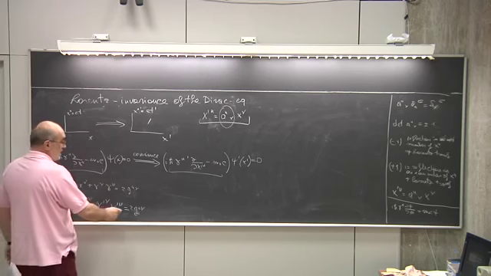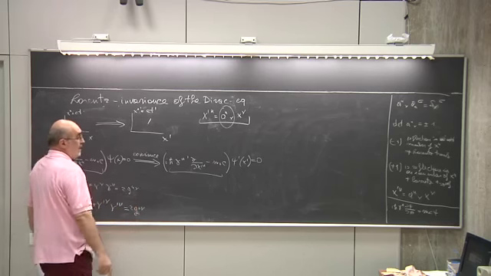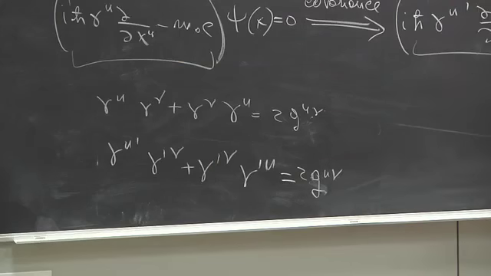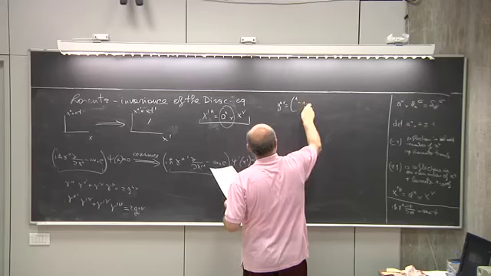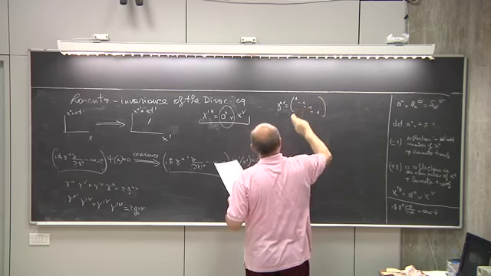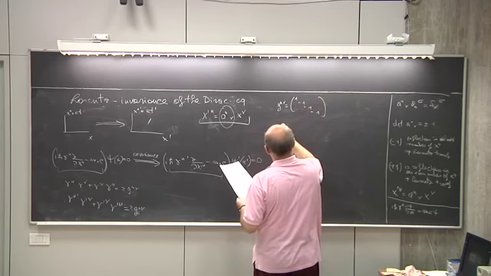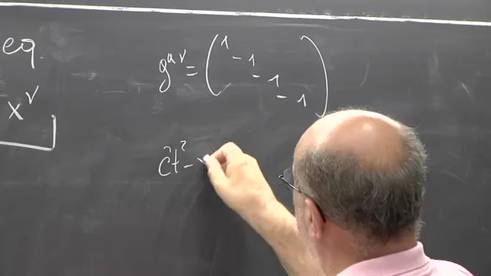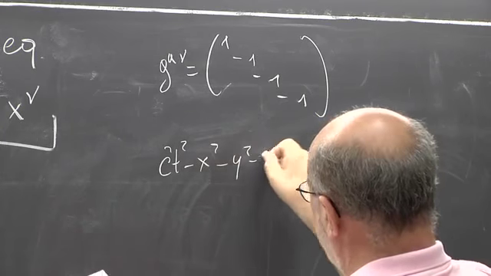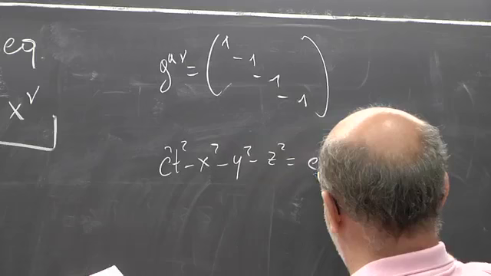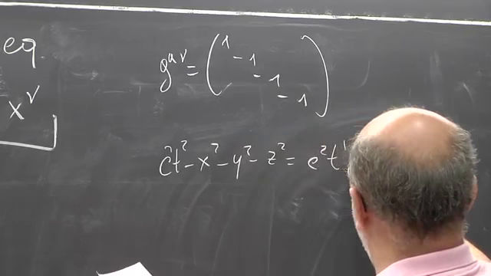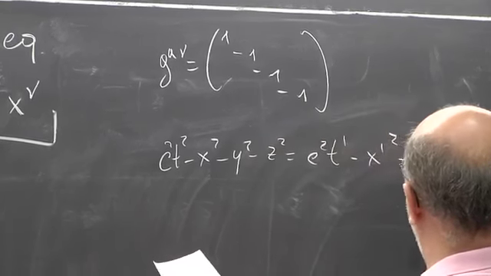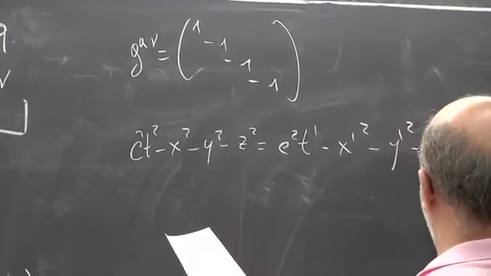Remember that this is the only object that lowers and raises the indices, and g mu nu was 1 minus 1 minus 1 minus 1. Why did it remain the same? Well, remember c squared t squared minus x squared minus y squared minus z squared is equal to c squared t prime squared minus x prime squared minus y prime squared minus z prime squared.